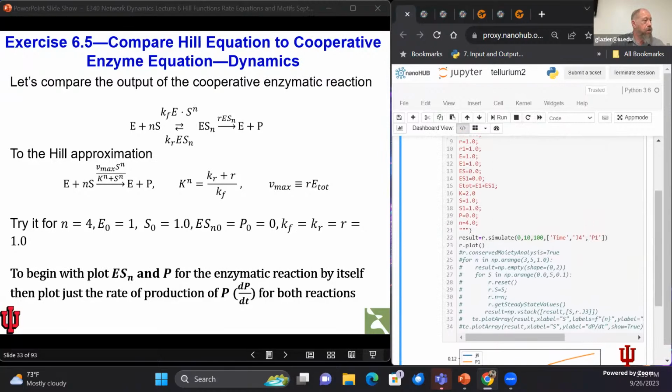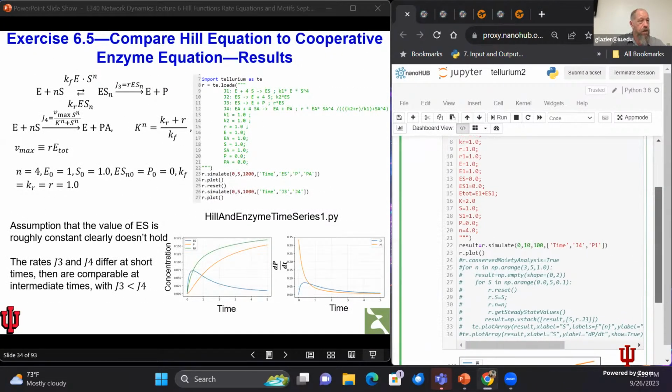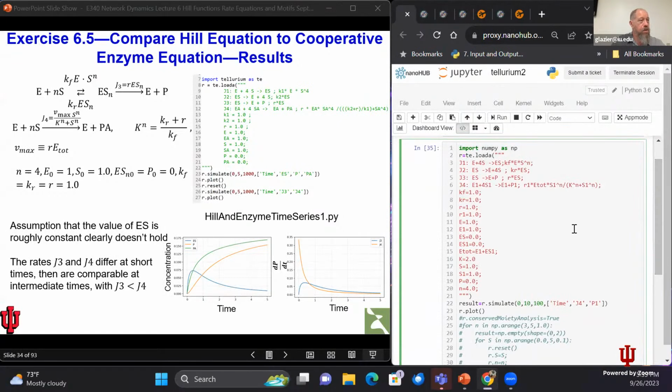So now let me do what's asked here. Let me look at the rate of production of P for both reactions. So the rate of production of P for both reactions would be plotting J3 and J4. So let's plot J3 and J4.